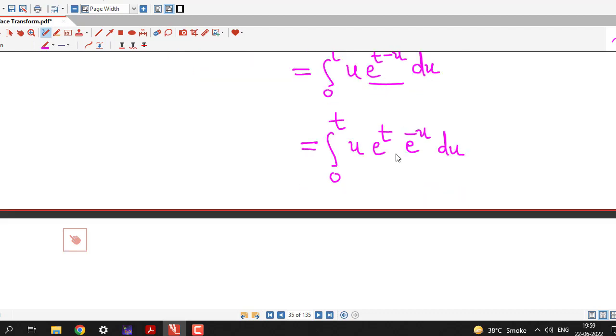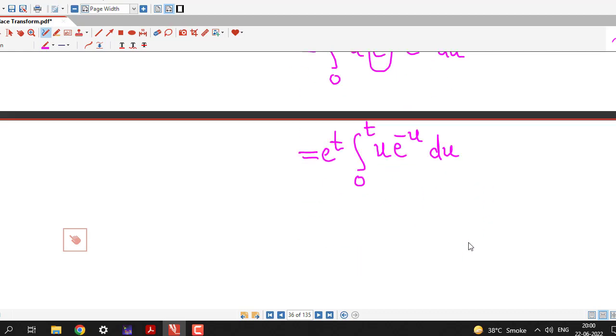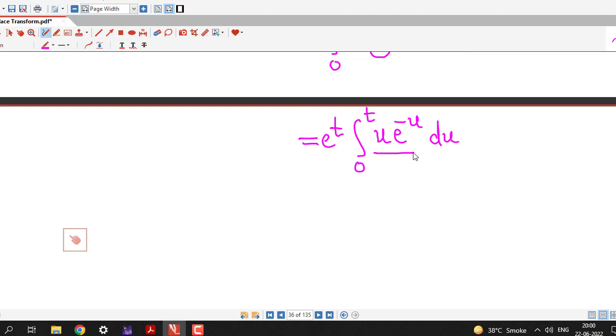And because the integral is with respect to u, this e raised to t can be taken outside the integral. It is independent of u, therefore we can take it outside the integral, and we have to integrate u times e raised to minus u with respect to u, and this we can do by using integration by parts.